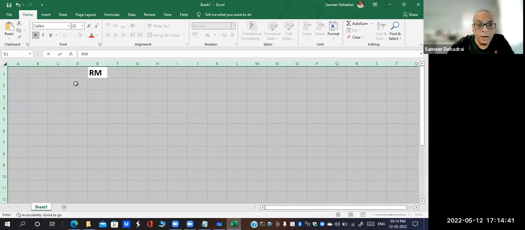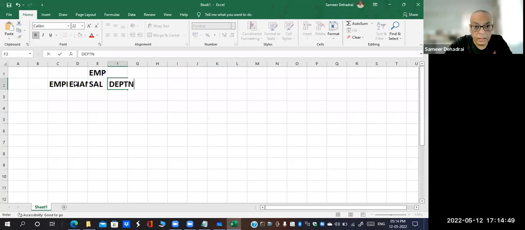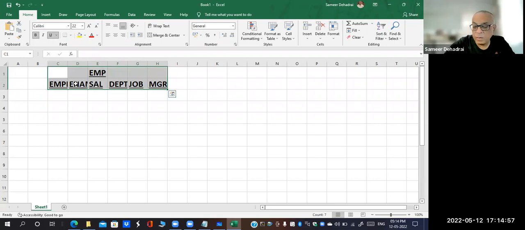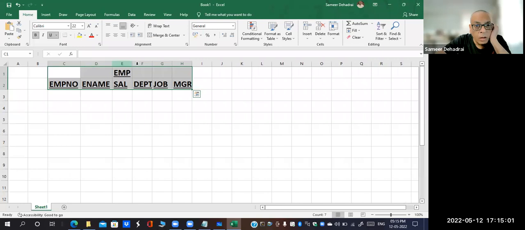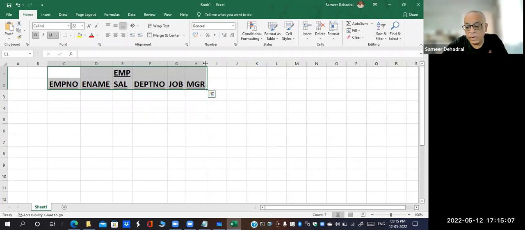In the EMP table, I have employee number, ename, SAL and department number, job and MGR. So that's my EMP table.